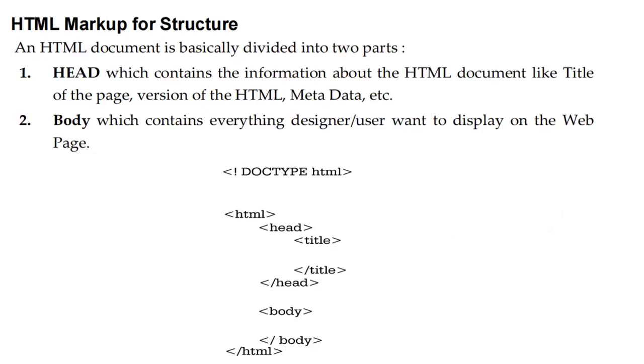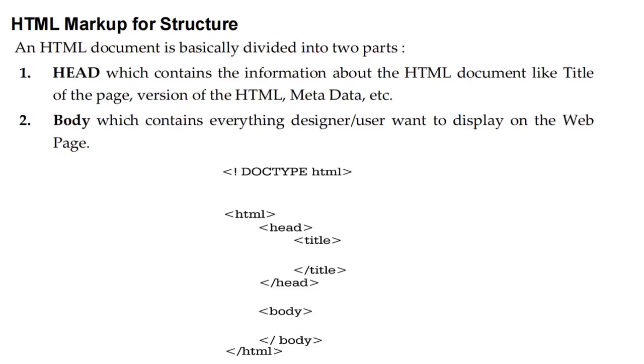In HTML, there are two types of tags, paired and singular tags. What are paired tags? Paired tags are head, title, body, and so on, because they have an opening tag and a closing tag. Singular tags are the tags that don't have a closing tag, for example the BR tag, that is the break line, which we will come across in the following slides.